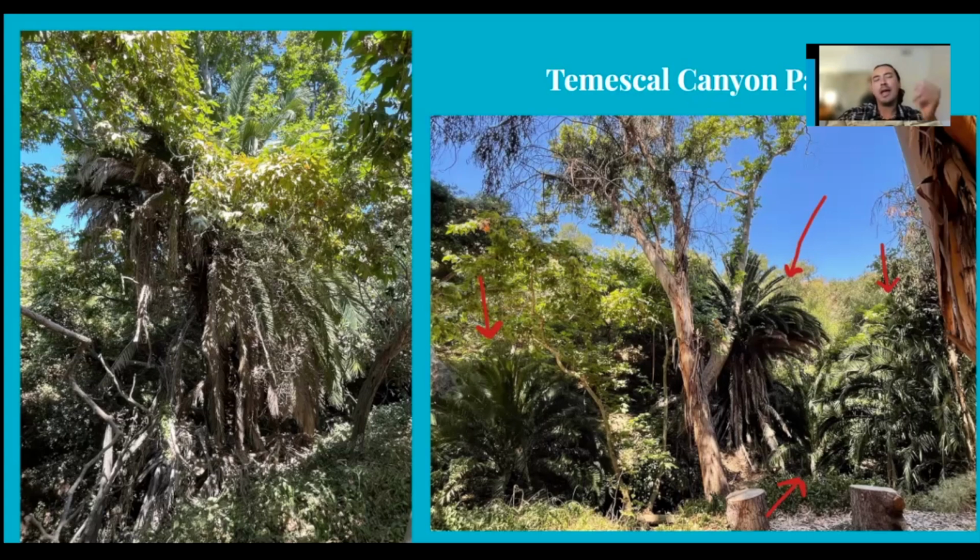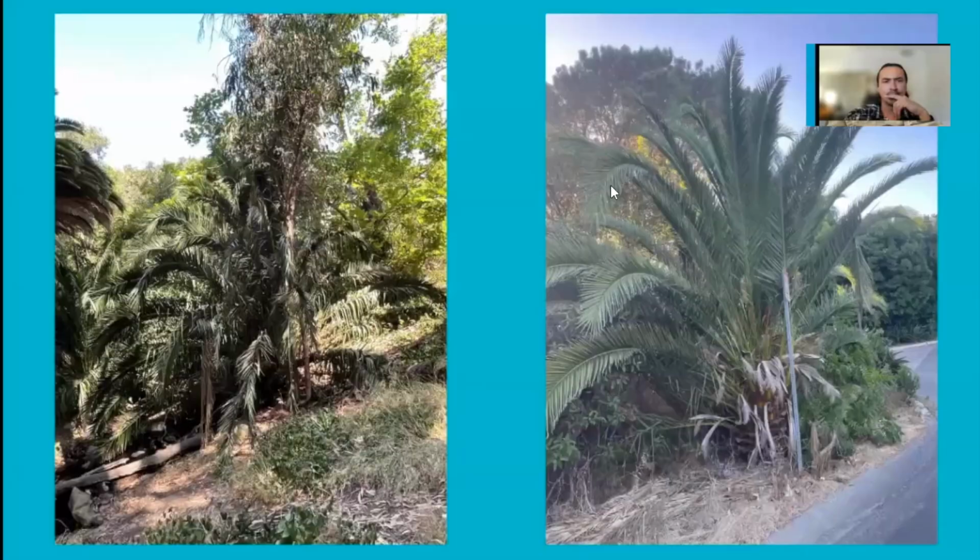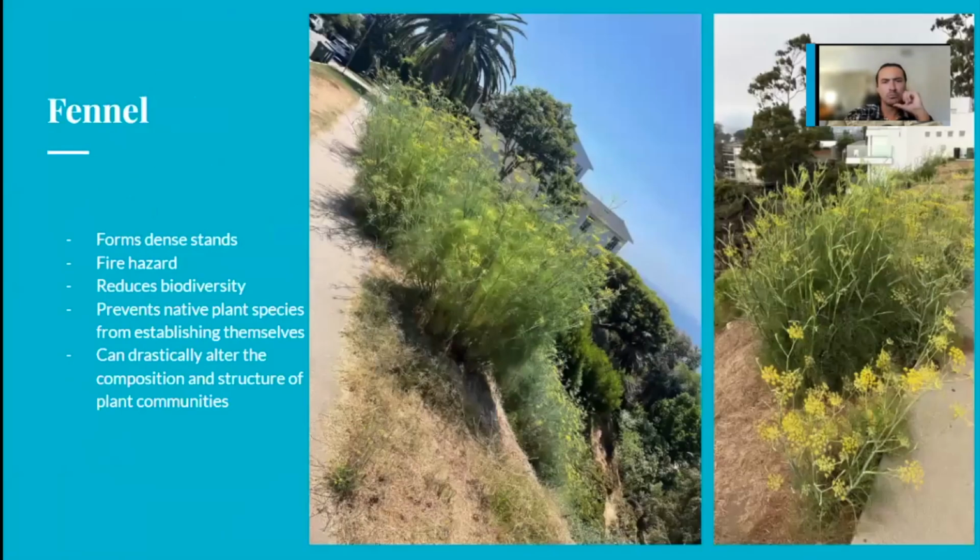It comes down to how common we might see that plant, and if it is causing one of those three problems: economic, human health, and spreading aggressively, outcompeting native plants.